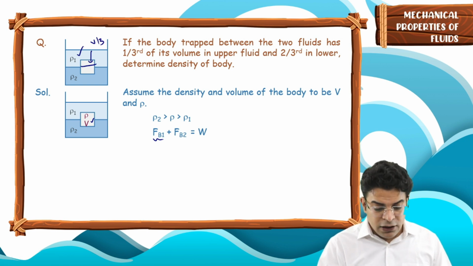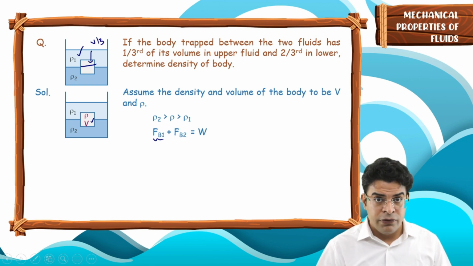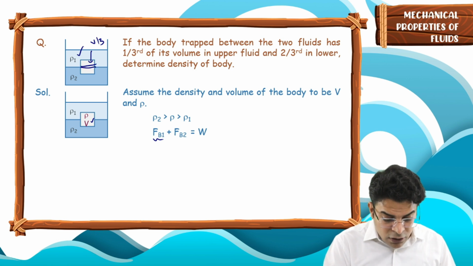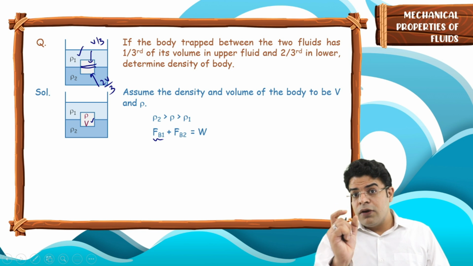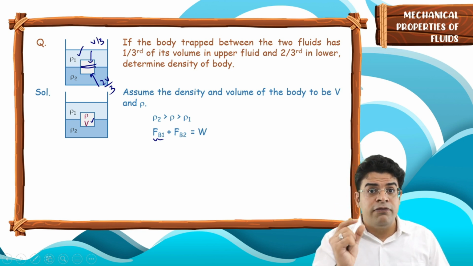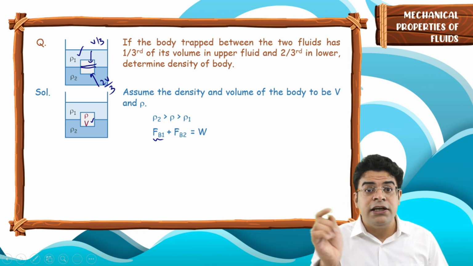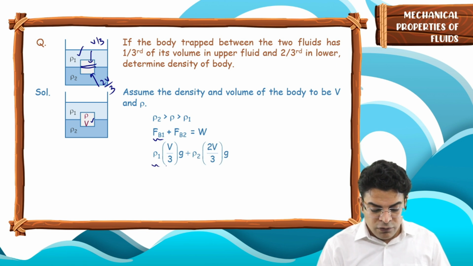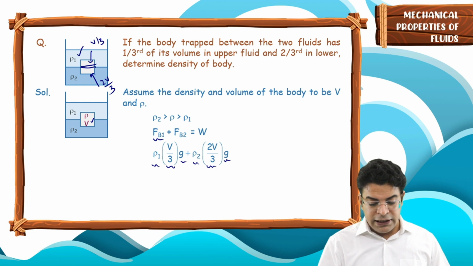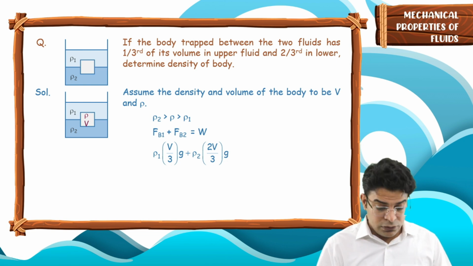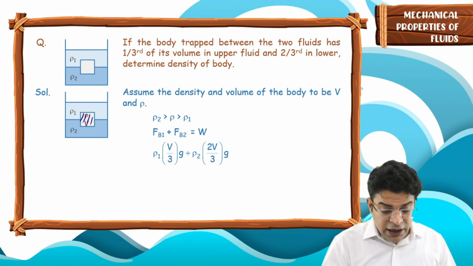So you will write ρ1 V by 3 into g, plus in the lower fluid you will have 2/3 the volume, 2V by 3. So because of the lower fluid, the force of buoyancy will be ρ2 into 2V by 3 into g. So you will write ρ1 into V by 3 into g plus ρ2 into 2V by 3 into g equals the weight of the body.